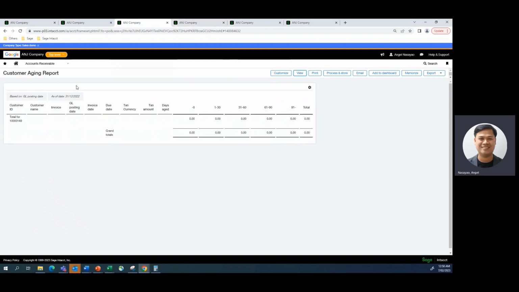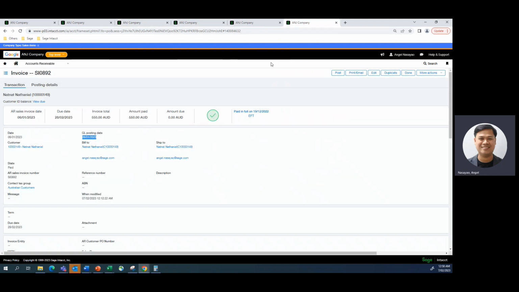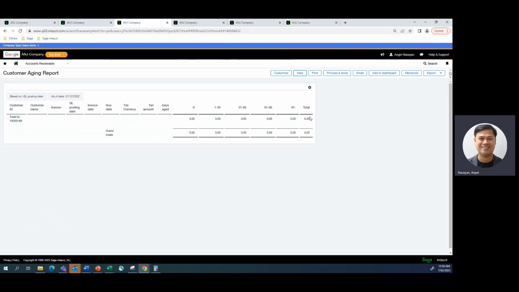Again, customer aging will not recognize that AR invoice, all because as of the run date, which is the 31st of December 2022, a payment had already been made. In fact, the 19th of December. So customer aging will not show that anymore. There's nothing to receive payment from.